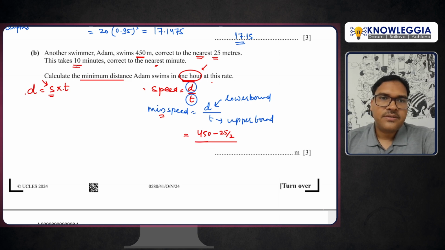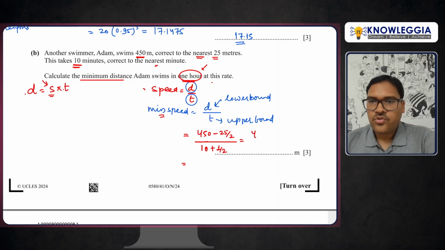So the upper bound of time, this is 10 to the nearest minute, so this is 10 plus 1 by 2. So this is 450 minus 12.5 divided by 10.5.